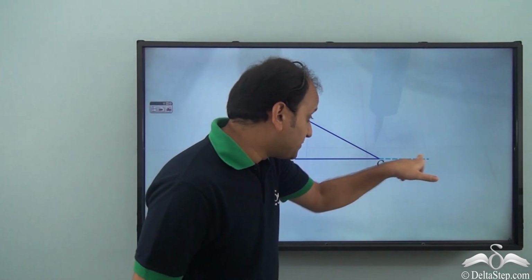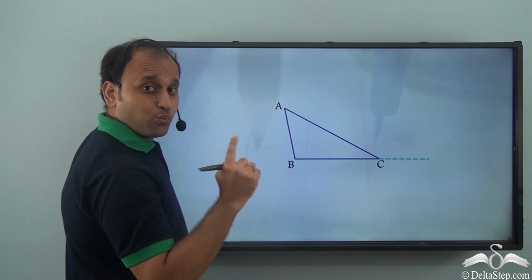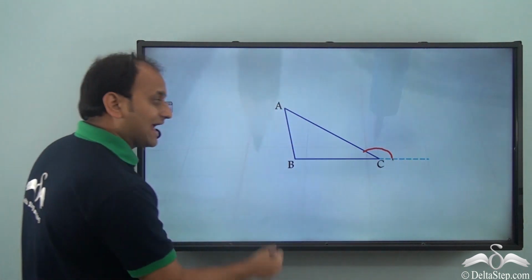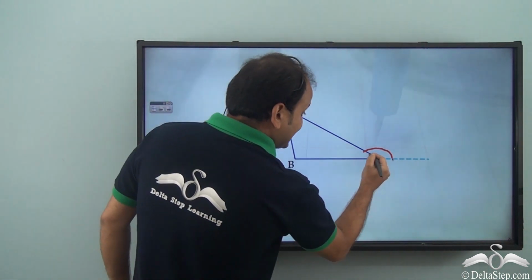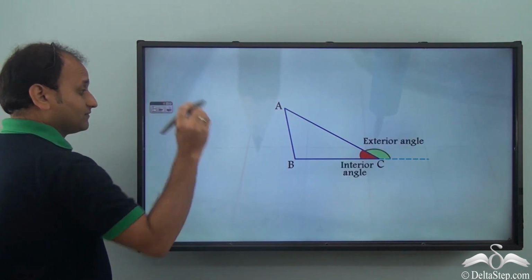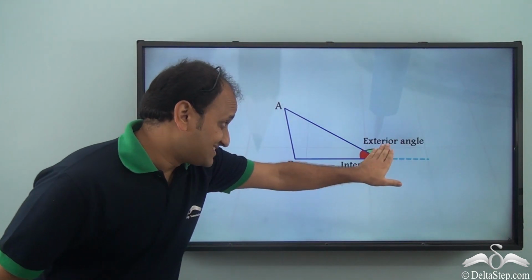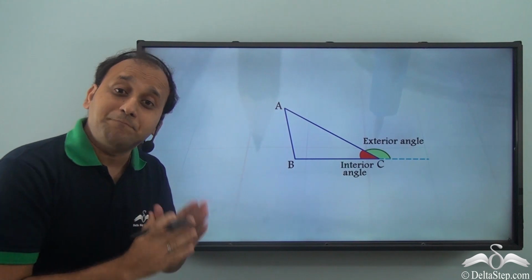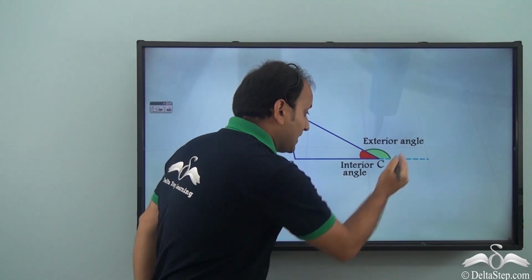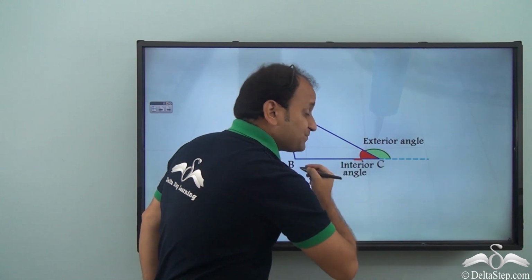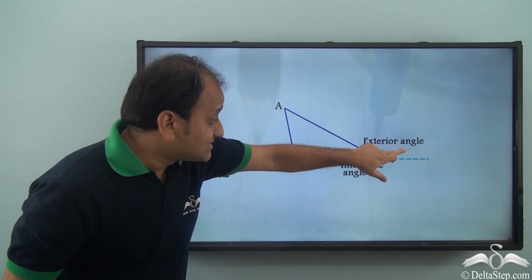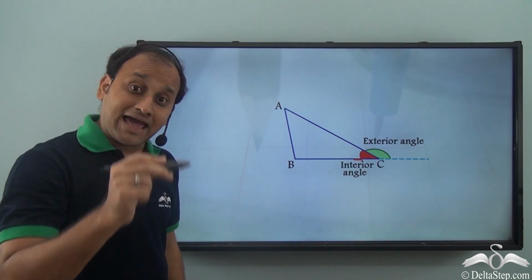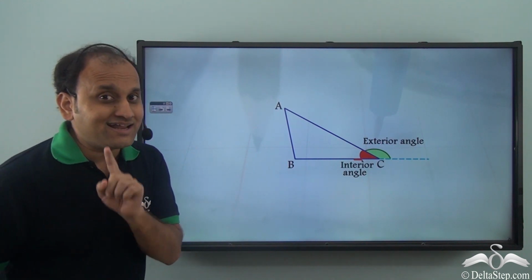So if I produce this particular side, then I get one external angle of this triangle, which is this one, and this makes a pair with this internal angle. So together, this exterior angle and this interior angle make one pair, and this is called a linear pair because they lie on this straight line, and this linear pair will have a value of 180 degrees, because if you draw an angle on a straight line, you will always get 180 degrees.